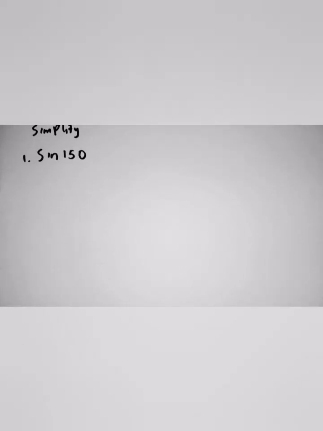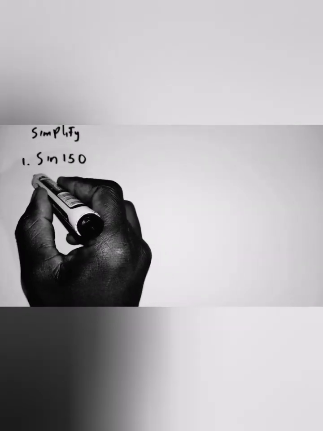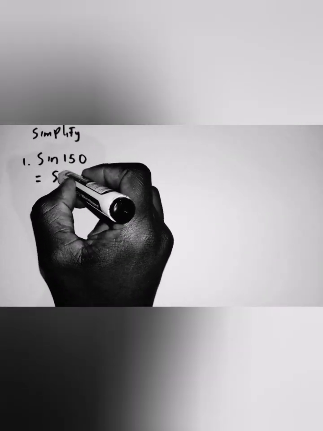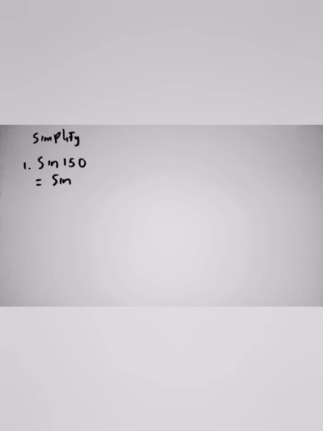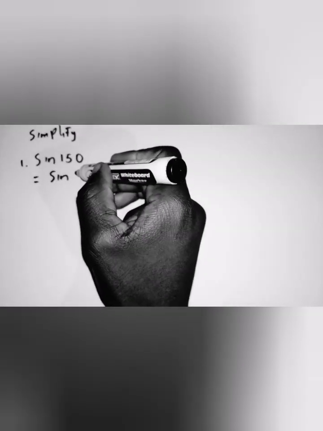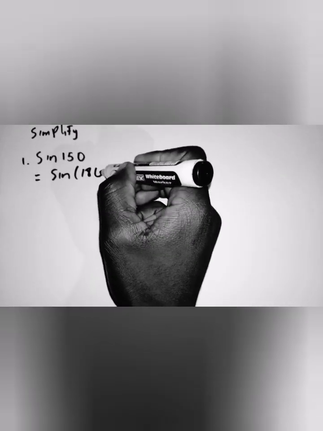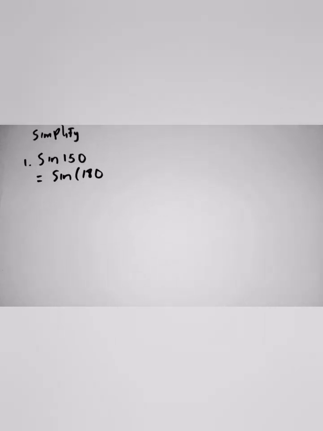So for example, let's say simplify this. What you need to understand first is whether 150 is above 180 or below 180. So you say sine, then 150 is below 180, so you say 180 minus. 150 is on the second quadrant. 180 minus what?